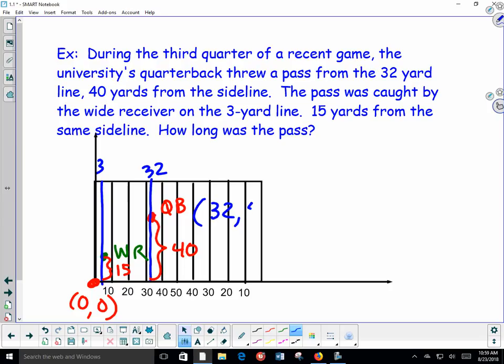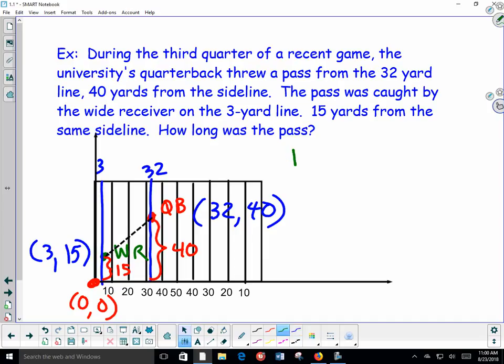So I think this quarterback is at the ordered pair (32, 40), and he is throwing it to the wide receiver. Here's the pass right here. It's going like this to the wide receiver, and so that wide receiver could be thought of as at the ordered pair (3, 15). So we're trying to get the distance between (32, 40) and (3, 15).